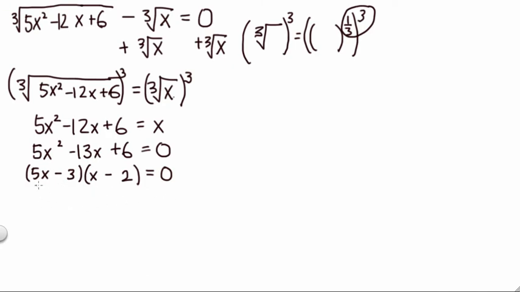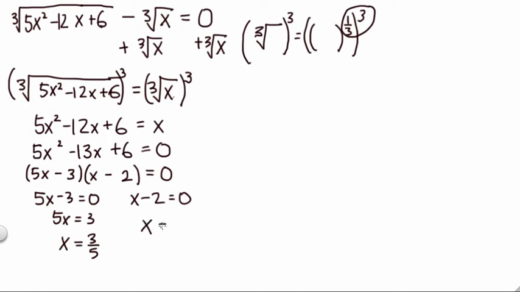At this point, we can set each part equal to 0. So we get 5x minus 3 is equal to 0, and x minus 2 is equal to 0. If we add 3, we get 5x equals 3, and so x equals 3/5. And for the other one, I get x equals 2.